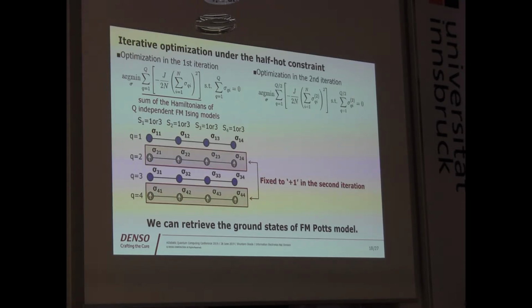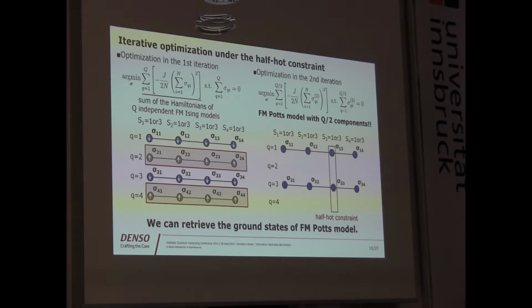Then, in the second iteration, the Ising spins assigned to the components 2 and 4 are fixed to +1, and the optimization problem with the Ising spins assigned to the components 1 and 3 is extracted. The half-hot constraint is imposed again, and this optimization problem is equivalent to the ground state search of the ferromagnetic Potts model with Q/2 components.